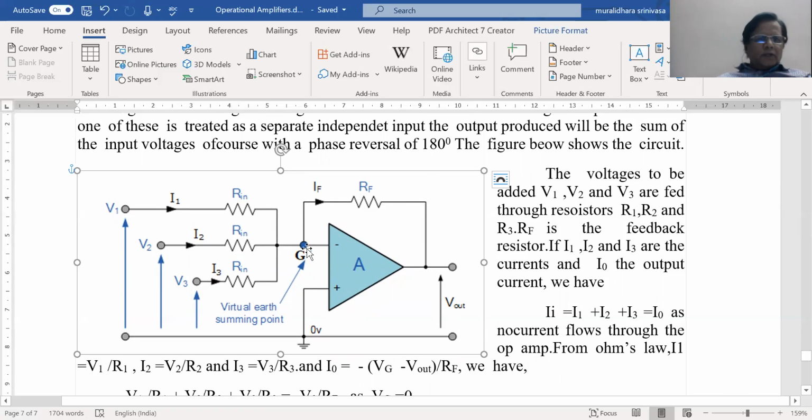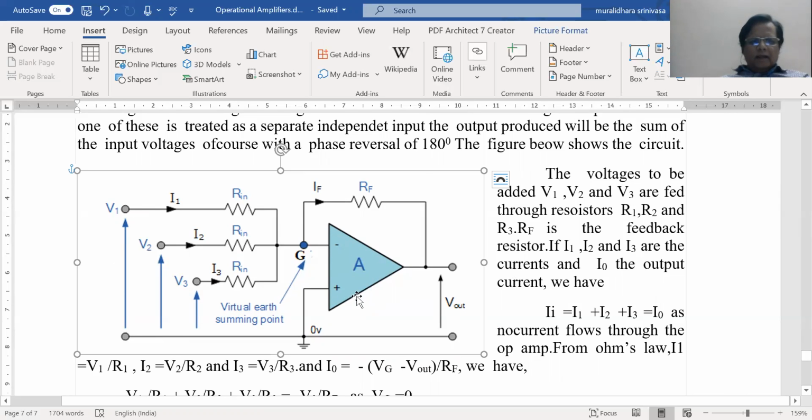Because of this virtual ground, every resistor is treated as an independent input. One ground is real ground. ಅಲ್ಲಿಂಗೆ source connect ಆಗಿರುತ್ತೆ ಮತ್ತು source positive ತಗೊಂಬಂದು ಇಲ್ಲಿ ಬಂದಿರುತ್ತೆ, which is the virtual ground. ಈ ಮೂರು ಸಹ independent inputs ಆಗಿ ಕೆಲಸ ಮಾಡುತ್ತವೆ.